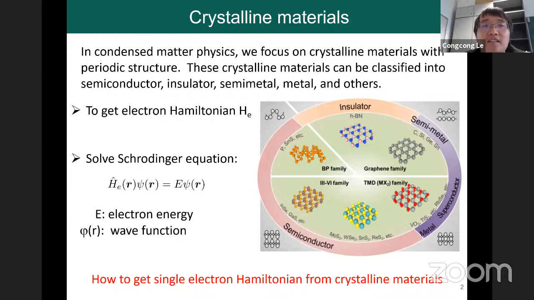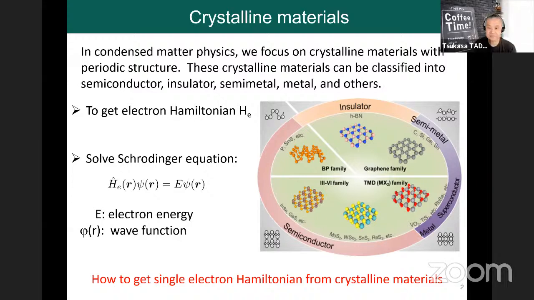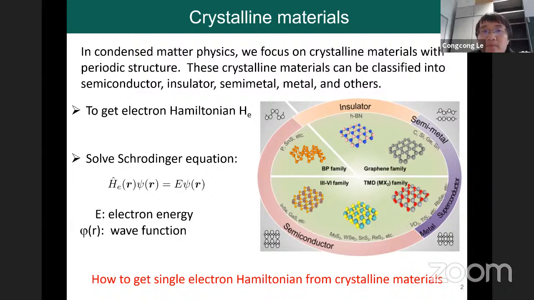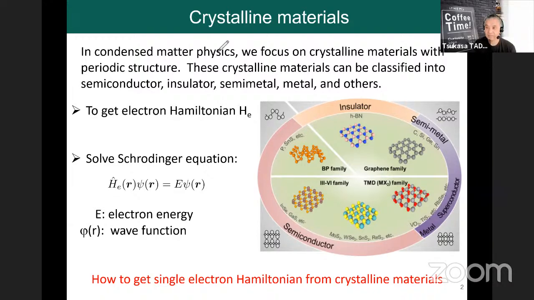In condensed matter physics, we focus on crystalline materials with periodic structures. These crystalline materials can be classified into semiconductors, insulators, semimetals, and others. In order to explain these interesting phenomena, we need two steps. The first step, we need to get the electron Hamiltonian.